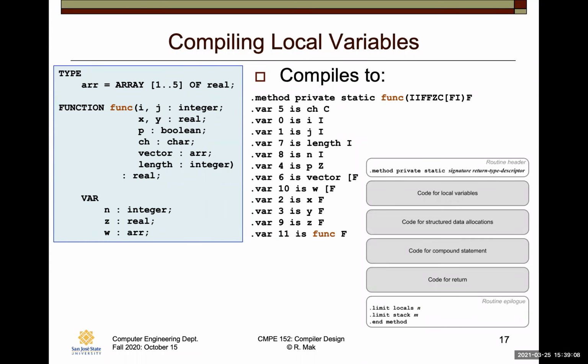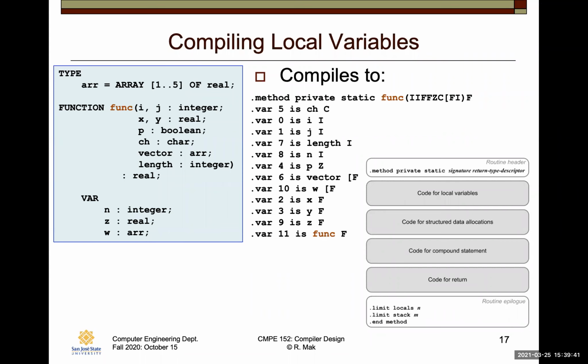And so, as I said, these .vars are not necessary at all, but they're very, very handy to put out so that when you, the human, are reading the Jasmine program, this will tell you what slot each local variable or parameter has. But it's not necessary for the assembler.